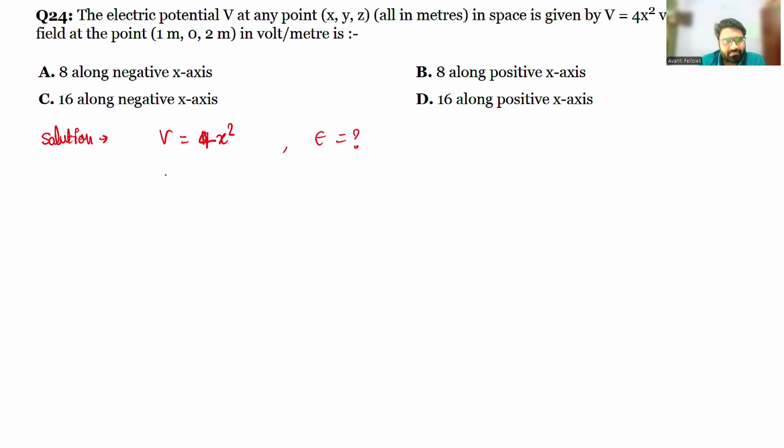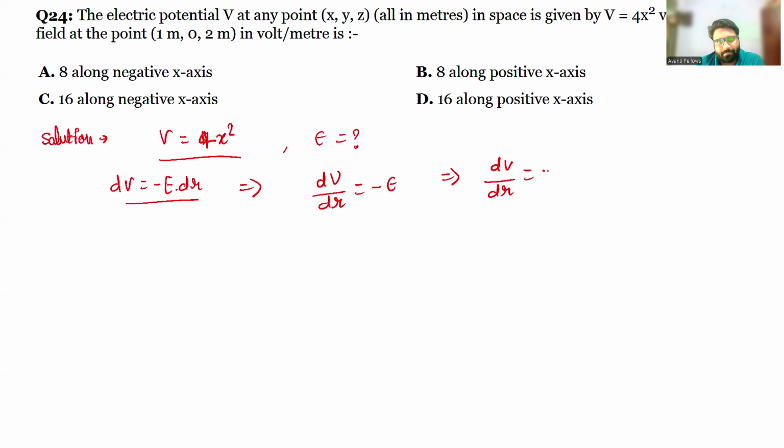Now we easily know that very famous expression, dV is equal to minus E dot dr. From this expression we can also conclude that dV by dr is equal to minus E. So if I just differentiate this expression, dV by dr will become minus 4 into 2, minus 8x.